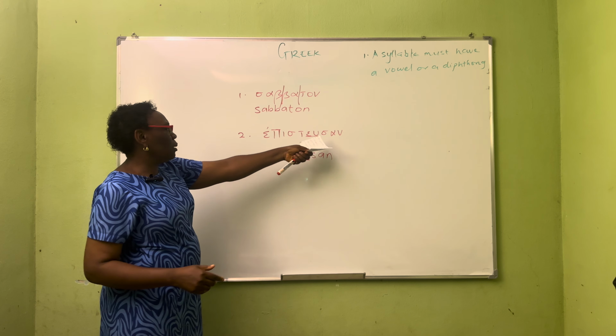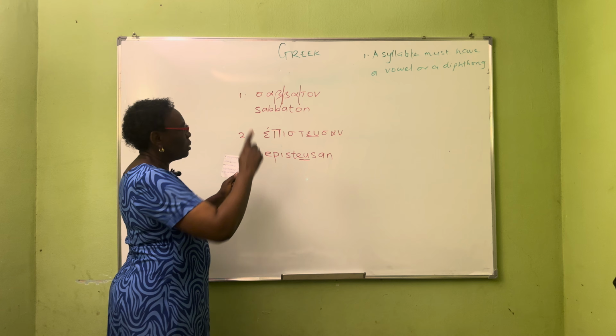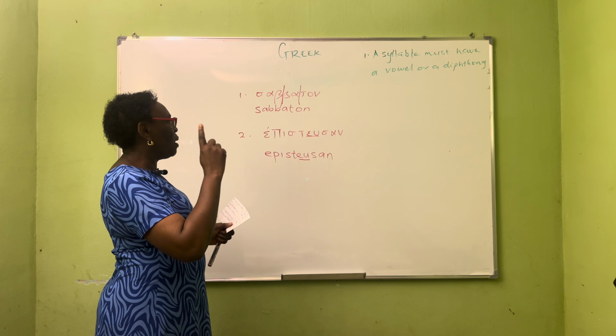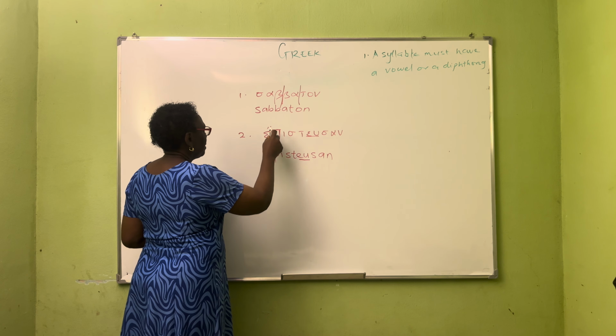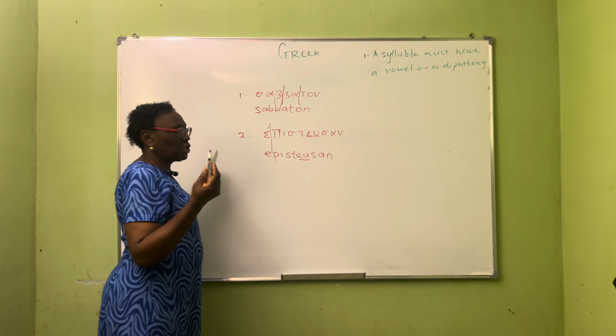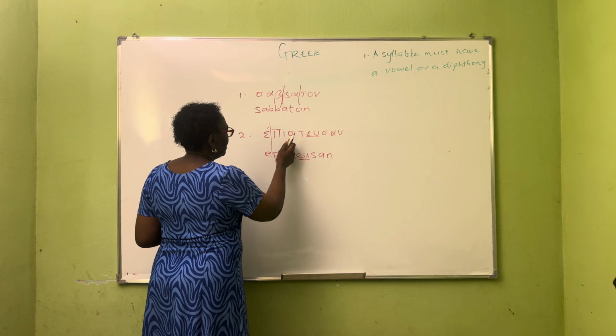But let's go to the Greek and do the Greek word and do the syllable division. A syllable must have a vowel or a diphthong. So we can put this together. Your epsilon can stay on its own. It constitutes a syllable on its own. We can divide this.